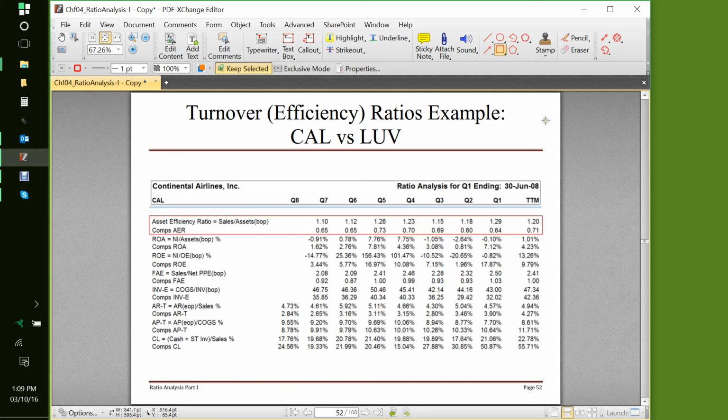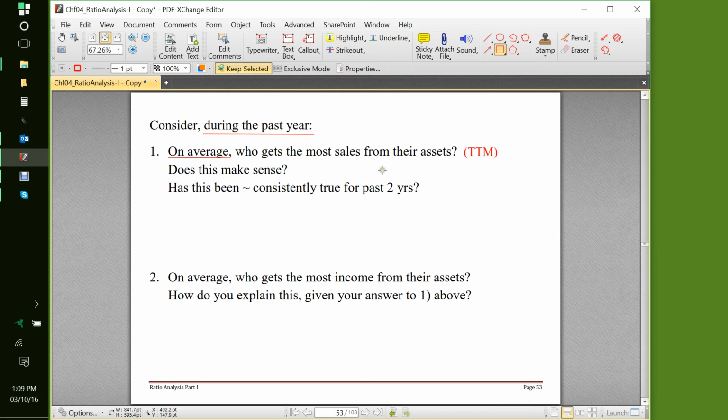The first thing we're going to want to look at here is just the TTM. We have sales in the numerator, assets in the denominator, bigger is better. So Continental generates more sales per dollar of assets than Love does.